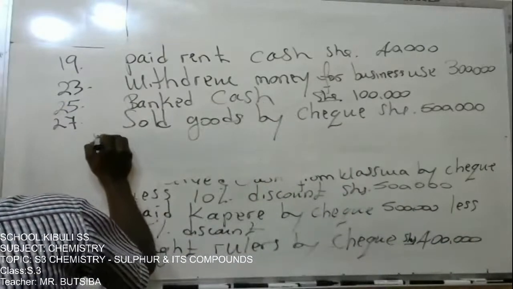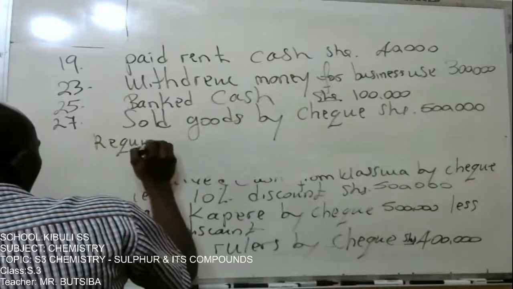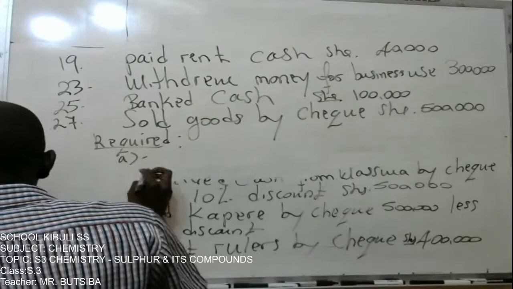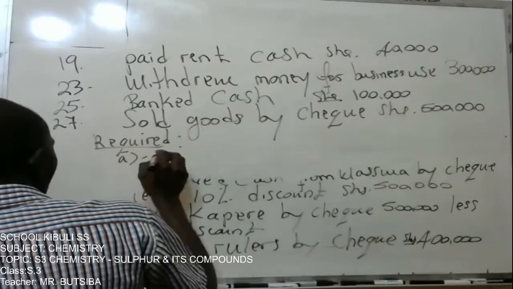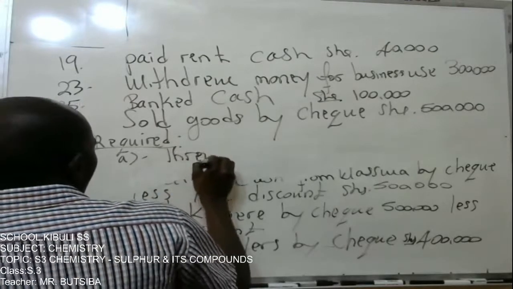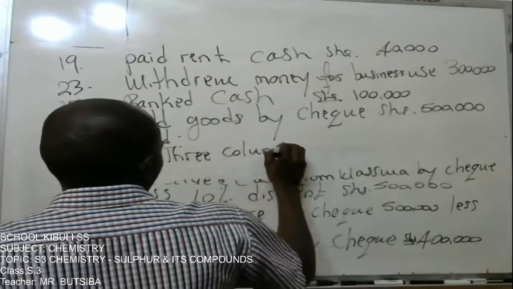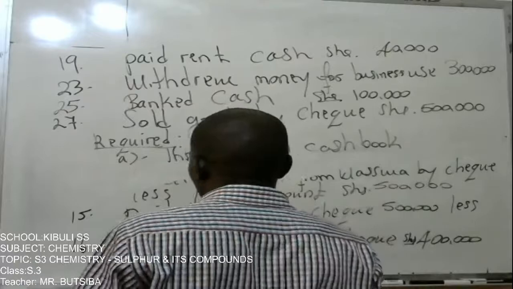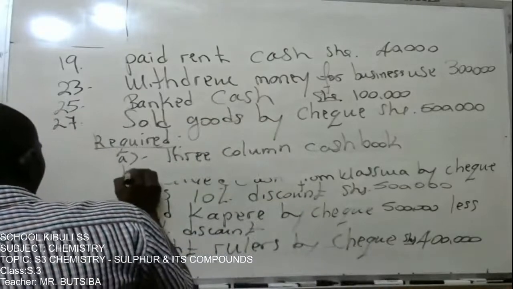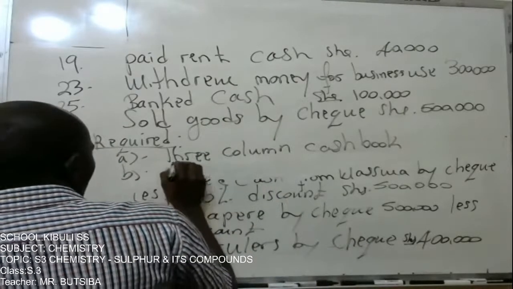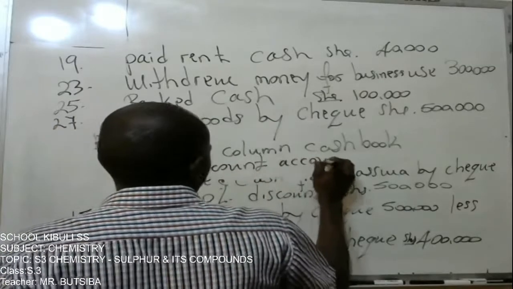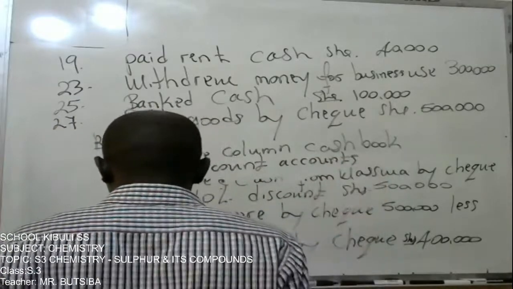Then the requirements: Part A, 3-column cash book. And then B, discount accounts.